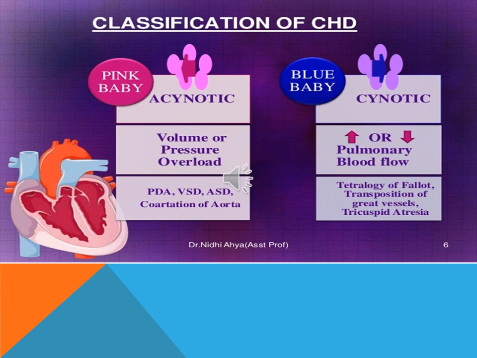By this first breath, the pulmonary circulation will be opened, and there will be pressure, and the blood which goes to the lung will be aerated, or ventilated, or will be full with oxygen. So changes in that circulation, whether increase or decrease, will result in cyanosis of the baby. Examples of these abnormalities: tetralogy of Fallot, transposition of great vessels, or tricuspid atresia.